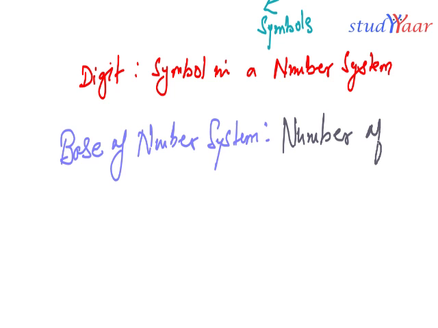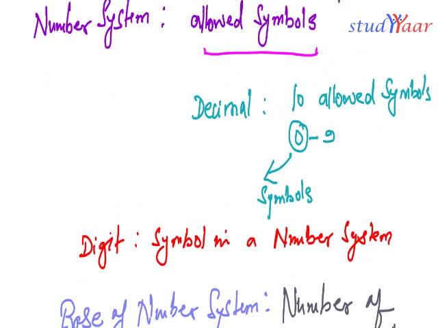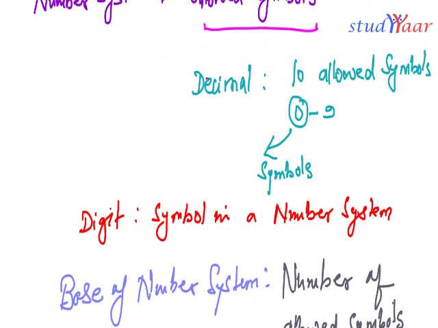Our decimal system has 10 allowed symbols, therefore it has a base of 10. I'll just write it as base equal to 10 for the decimal number system.